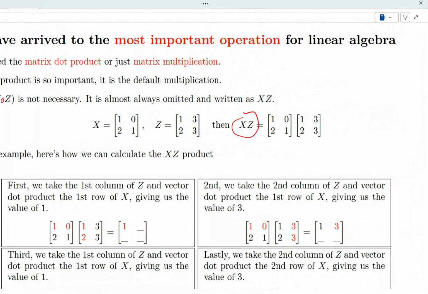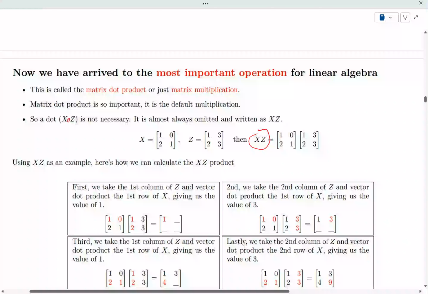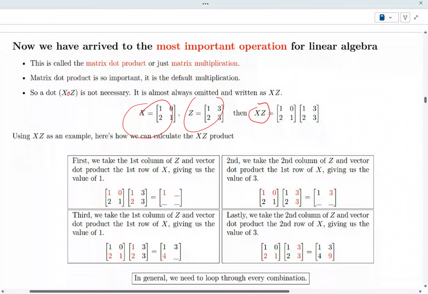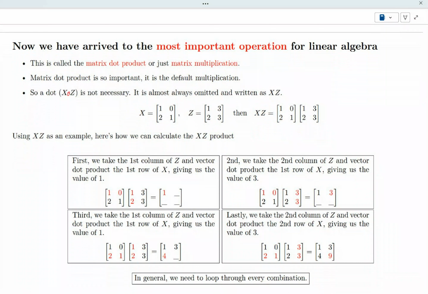And the way we perform this operation is that we follow what we did with the dot product as vectors. So we have two matrices, x and z, right? How do we go about performing the dot product? Well, we look at z, the first column, as a vector, and the first row of x, and then we perform the dot product here, which, if you remember from last class, is a vector and a vector.